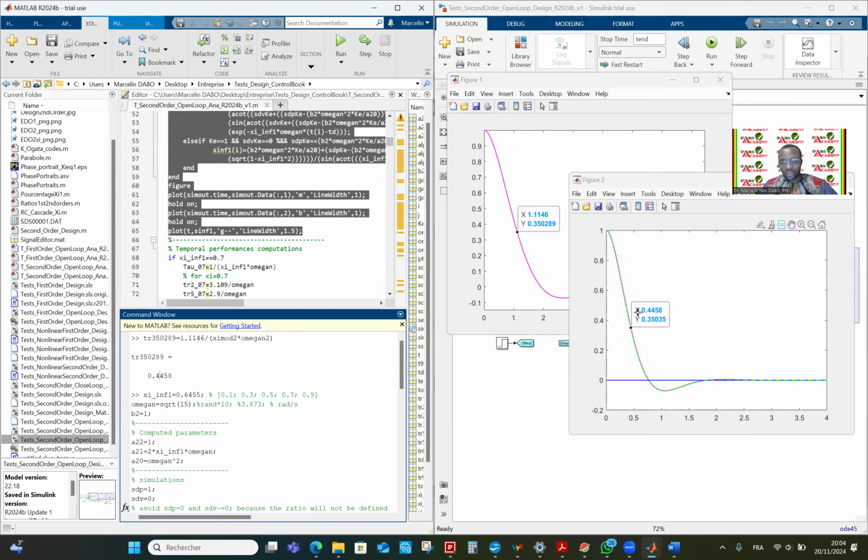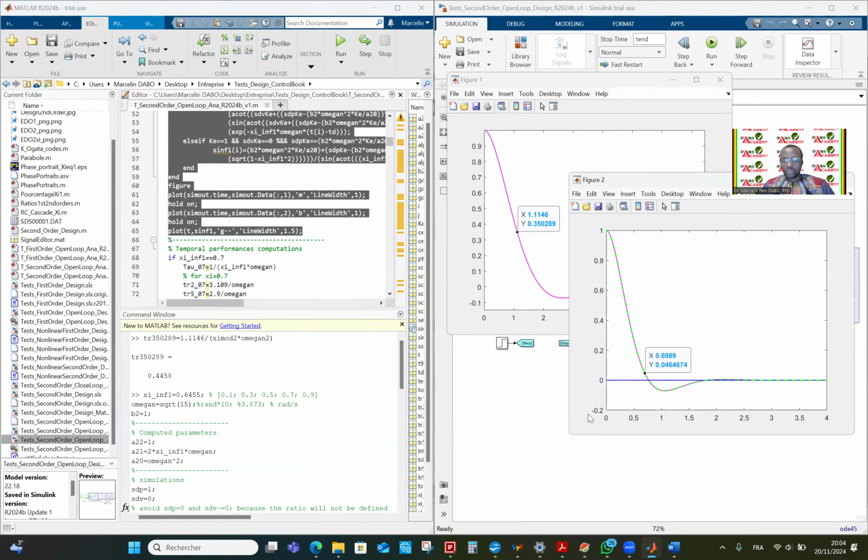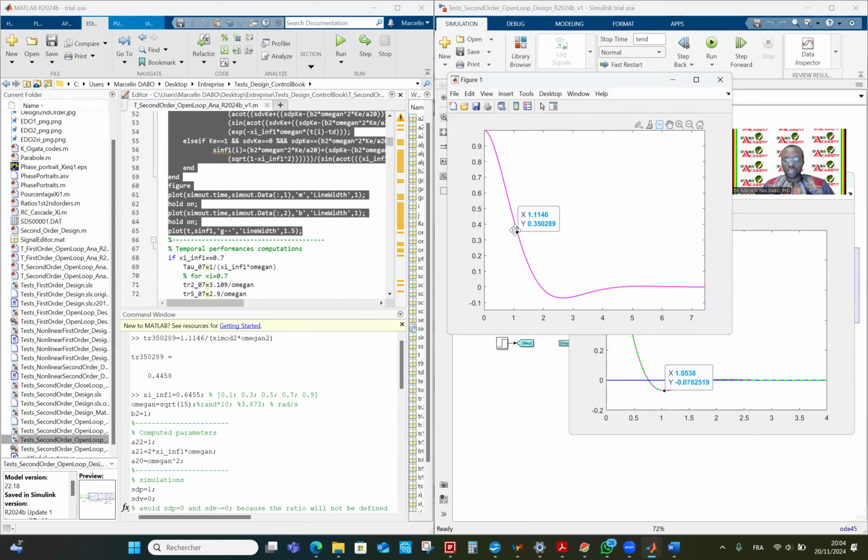So if you don't want the time response here, and you want it, for example, here, or at the peak value that you have here, I mean, this is the time response. You can see it, okay? If we position ourselves to see the corresponding alpha that we have here, let's just go back a bit.